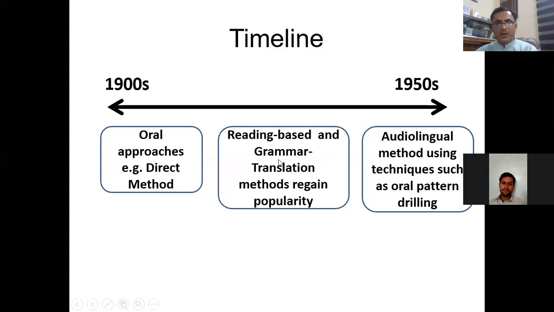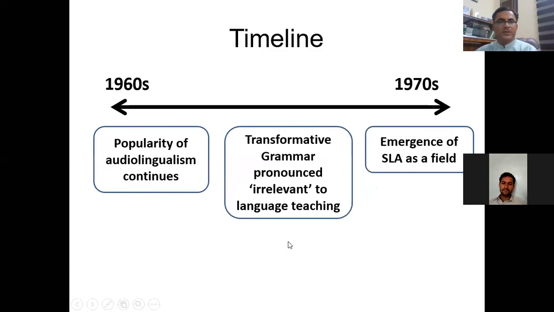So we see this in the 1950s, and then in the 1960s and 70s, we see audio-lingualism continue. Transformative grammar was at that time considered not that relevant to teaching. There was a lot of criticism that this method is going to push us back to the grammar translation world. So it was not very much accepted and considered relevant.